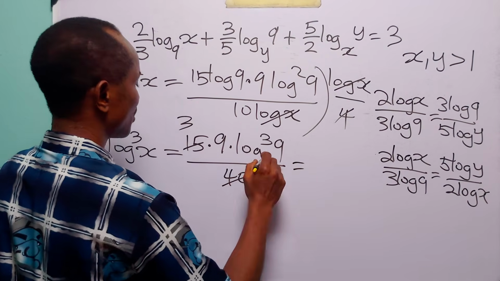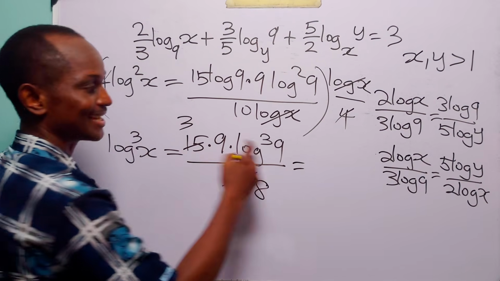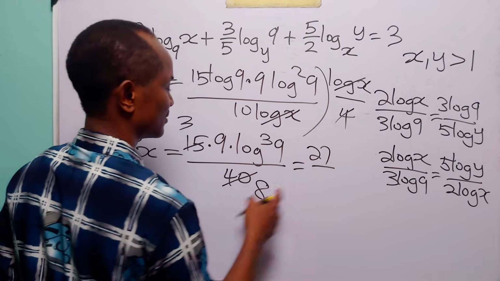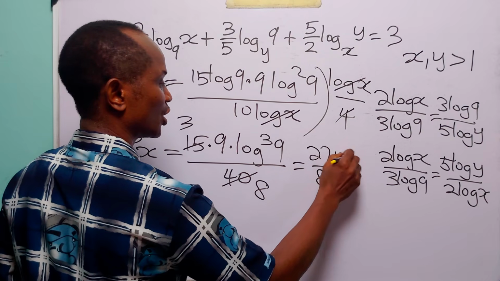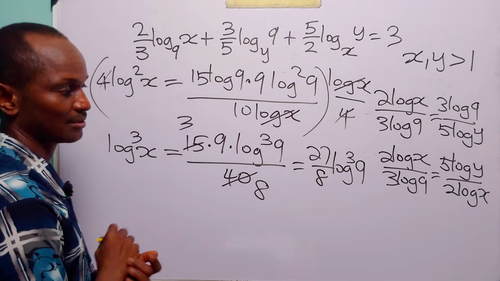So this is equal to 3 times 9 is 27. Here we have 8, and of course we have log cubed 9.